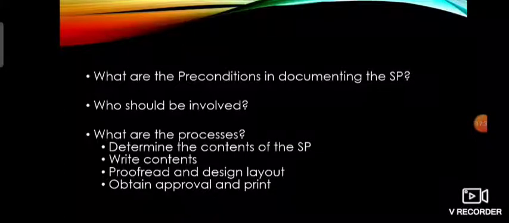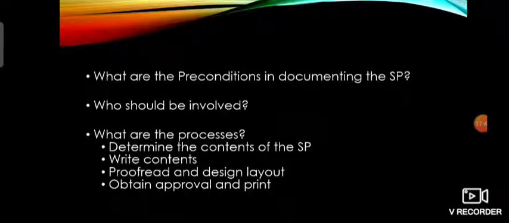Now, the fourth one is to obtain approval and print. Okay? So a draft strategic plan should be developed by the SPT for the approval of the president, for example, or the head of the organization. So once the draft has been approved, the document can be printed. So that's now the last part of the documentation.